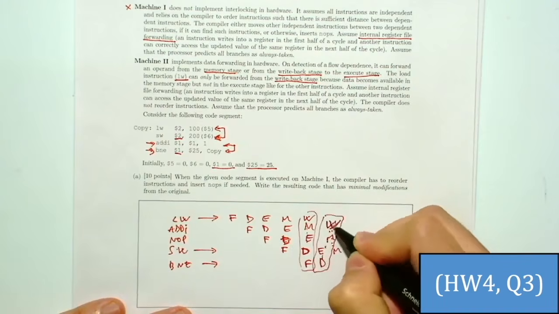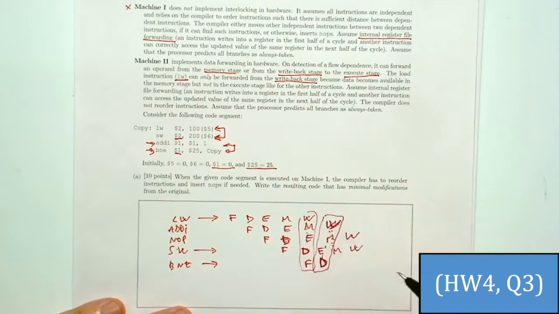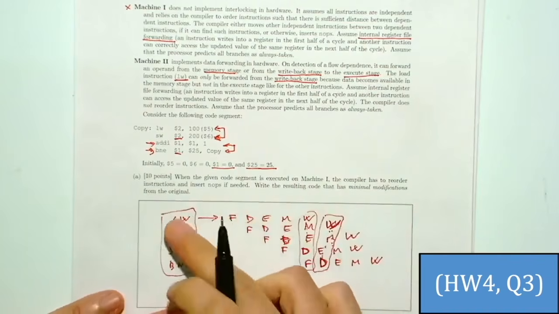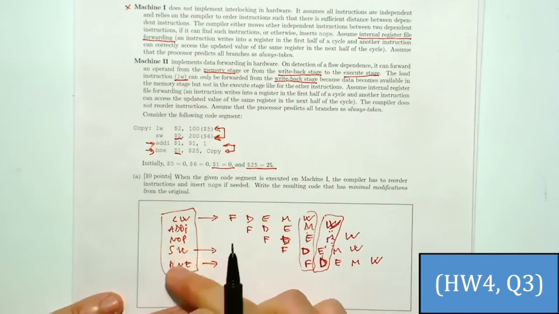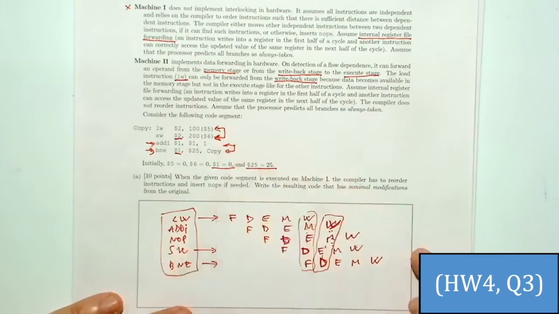So when we grab that here, we can read the register from here. So we can execute memory write and write back. So this is basically the final code that the compiler needs to generate to execute this code correctly in machine 1. Any questions here?